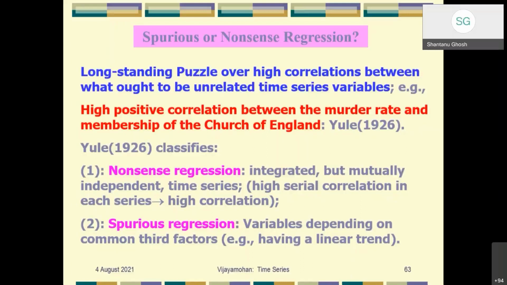Sir, you are saying that income and consumption are somehow integrated. Should they be integrated of the same order, or they may be integrated of some other orders even? Maybe we have to check for the order of the integration. We have to do the unit root test. Otherwise we cannot tell.